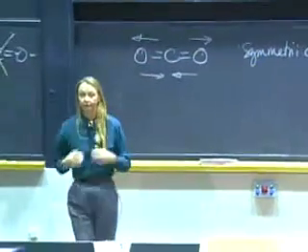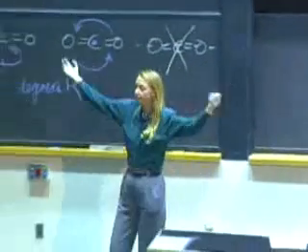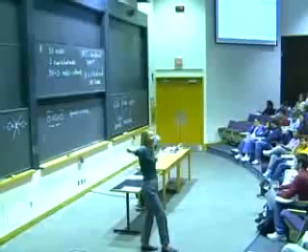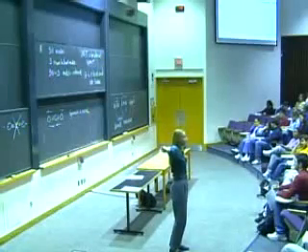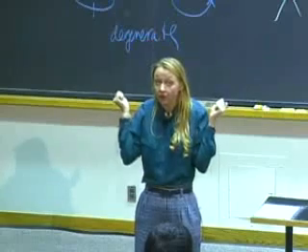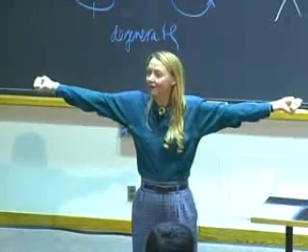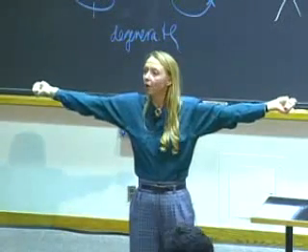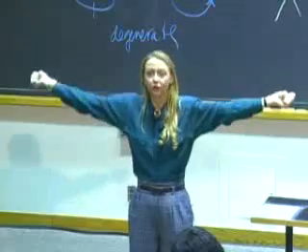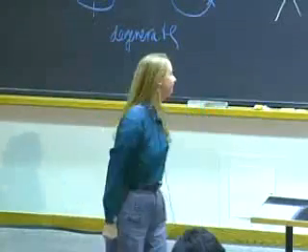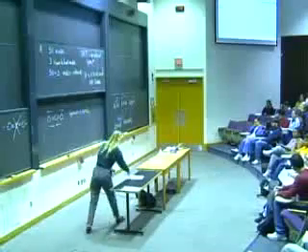So if my body is the carbon and my arms are the oxygen, a symmetric stretch is the oxygens both moving in or both moving out. That is one vibrational mode, this symmetric stretch.